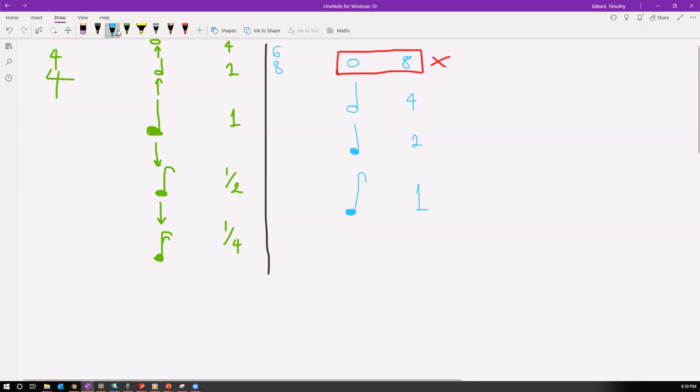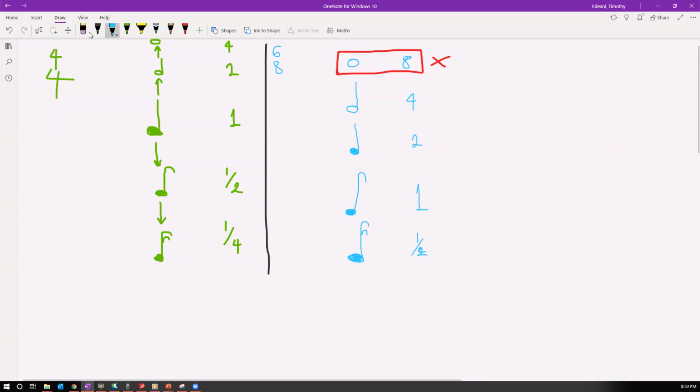Okay, so now let's continue down going to the lower notes and values. So after quaver we have a semi-quaver, and this will take 1/2.